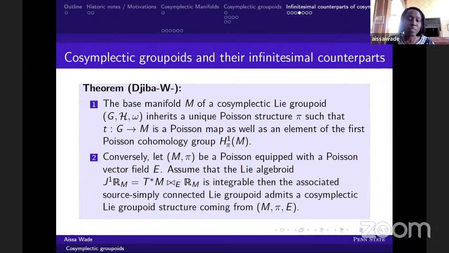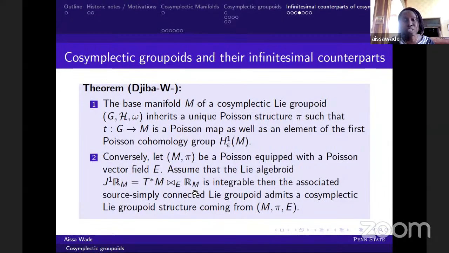Conversely, if I start with a Poisson manifold and the class of a Poisson vector field, then I can construct the Lie algebroid that we constructed before. And if this Lie algebroid is integrable, then the associated source simply connected Lie groupoid will be cosymplectic.